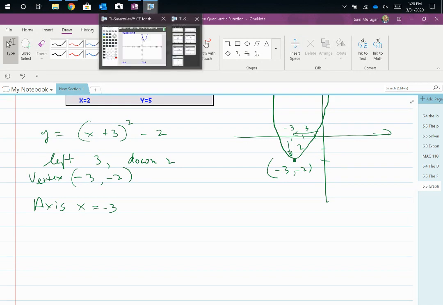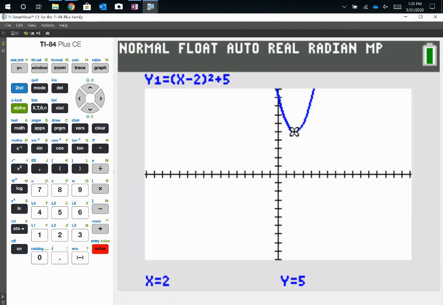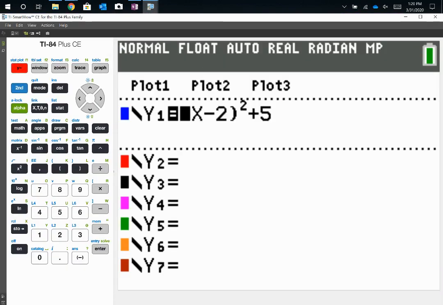Let me put a picture, calculate a picture of it in here just in case you want to look at it: (x plus 3) squared minus 2.